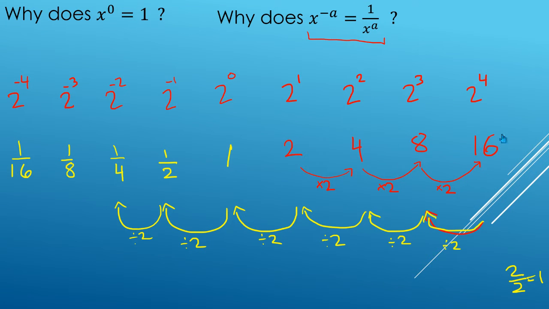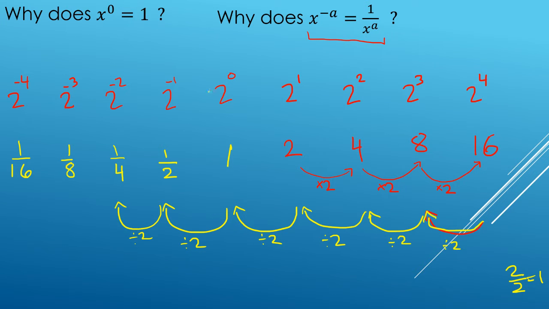So this is what powers are symbolizing for us: how many 2's do we multiply by? And if we have negative exponents, it symbolizes dividing by 2's. So here we're dividing by another 2 each time to go leftward. And this is where the exponent rules come from.